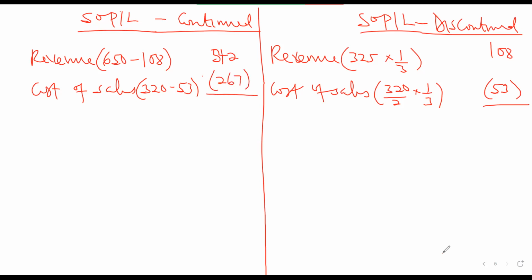What will be the gross profit for the two sides? I'm having 275 for this one, and 108 minus 53, I'm having 55.